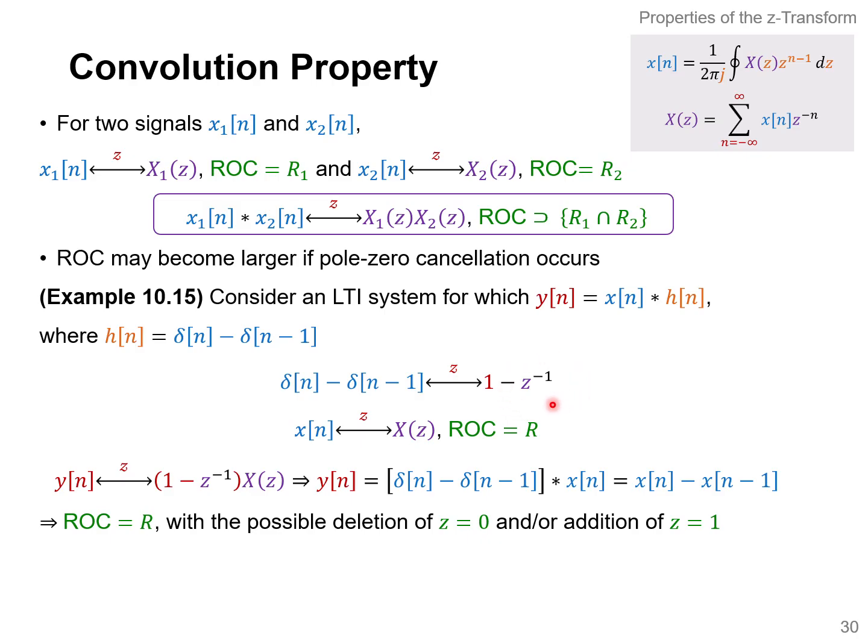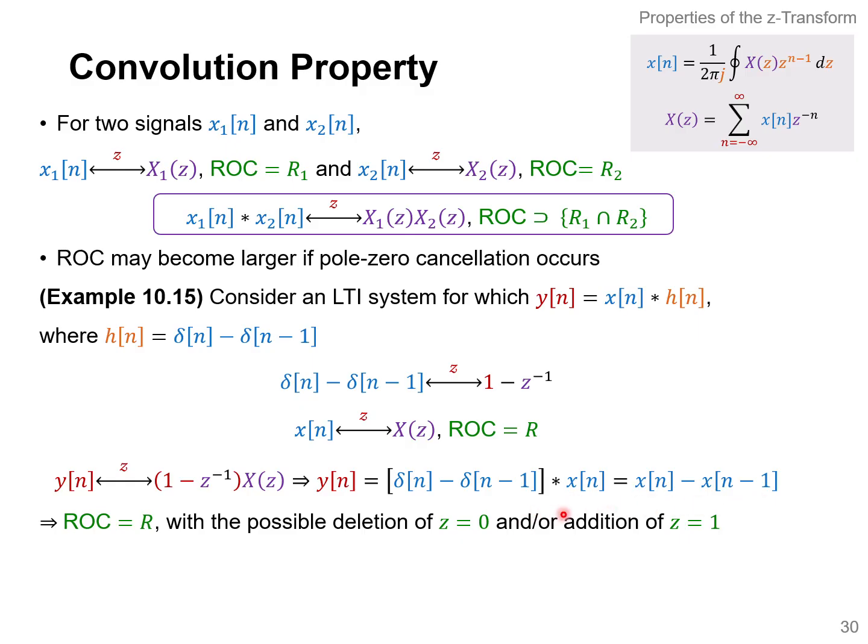So if the input signal has z-transform x of z with ROC R, then the output is obtained by multiplying x of z with the system's z-transform. Back in the time domain, the convolution result is also easy to understand.